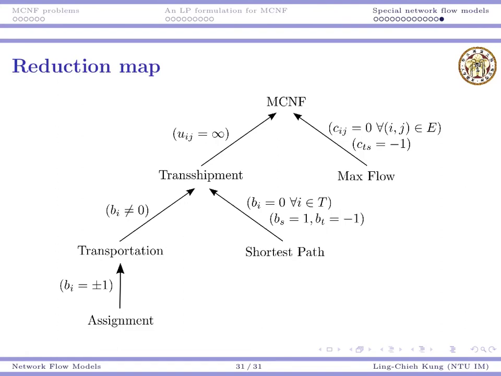As a summary, we know that in MCNF, a special case is transshipment if there is no capacity. If there is no transshipment node, then it's a transportation problem. If all the supply and demand are 1 or -1, it's an assignment problem. The shortest path problem is a special case of transshipment.